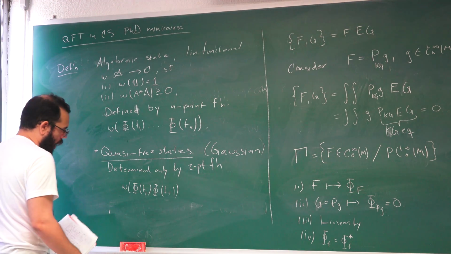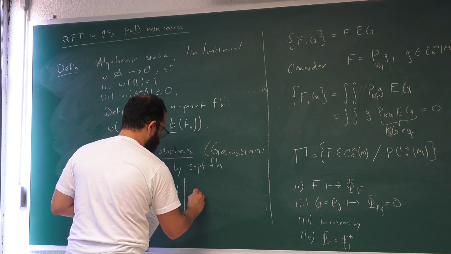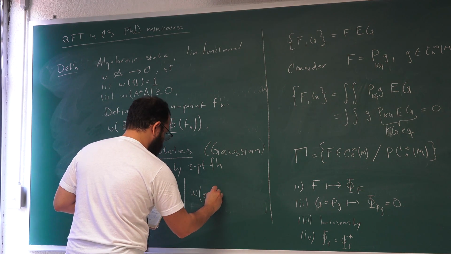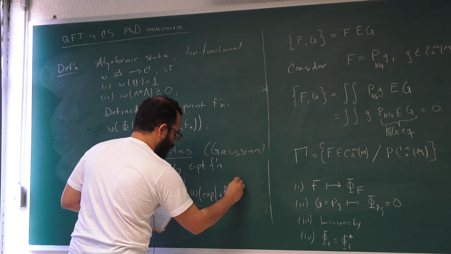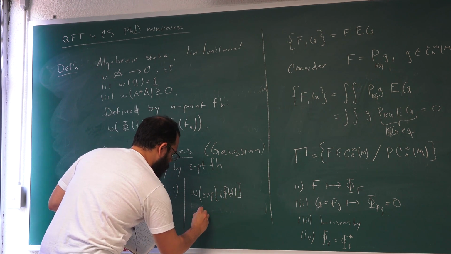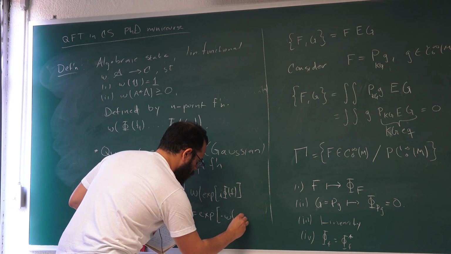And usually you can use the following nice formula, which you should take with a pinch of salt, but is good for getting all the n-point functions when you have a quasi-free state.